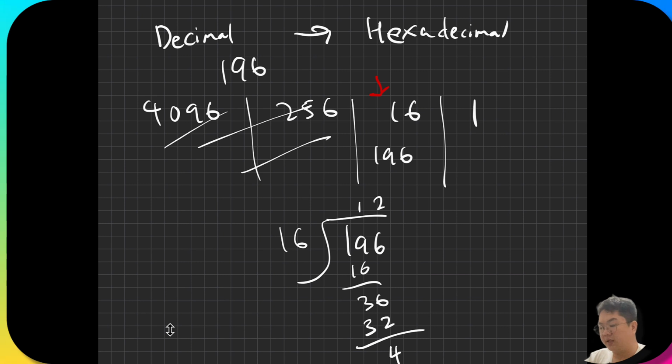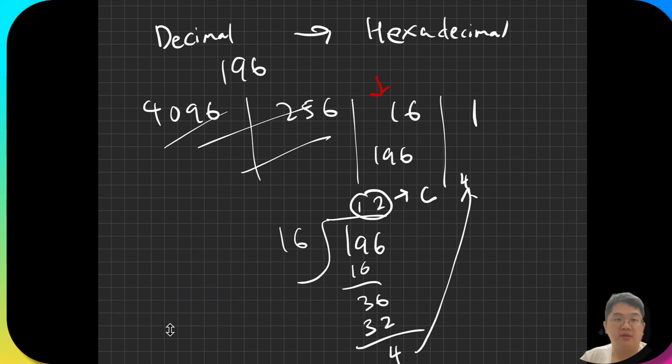We don't need to add in any kind of decimal points. Right over here, we can see that 12 represents a number, and we convert this number to a hexadecimal value, which is C. Then we place the remainder over here, 4. So the decimal value of 196 converted to hexadecimal will be C4.